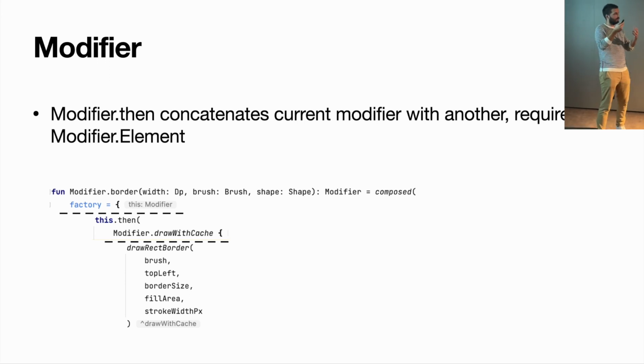So if you want to make some custom modifier, you are going to override the then function with code you like. So in this example, we see some built-in draw with cache modifier element, and inside it, after who knows how many lines of code, we have draw rect border. And now the border is drawn with the information that is given to it regarding the width, color, or whatever you like.